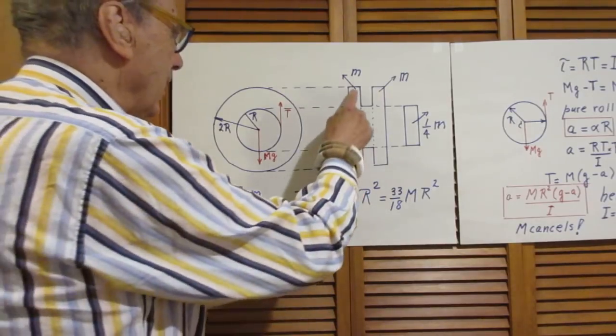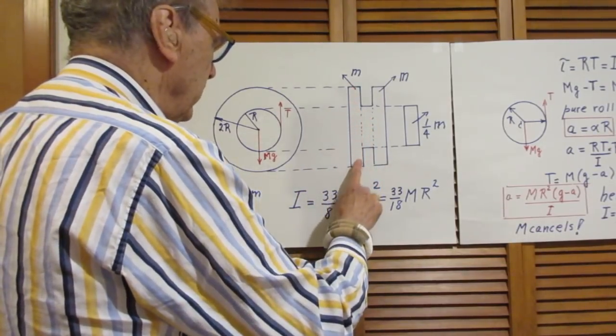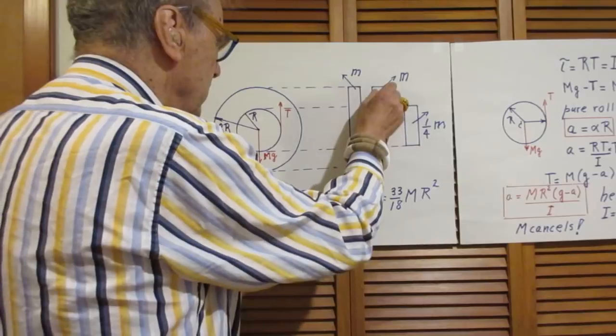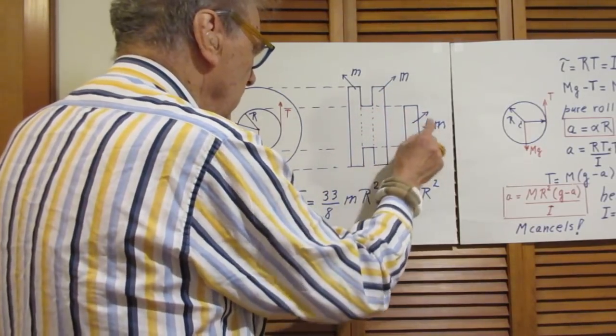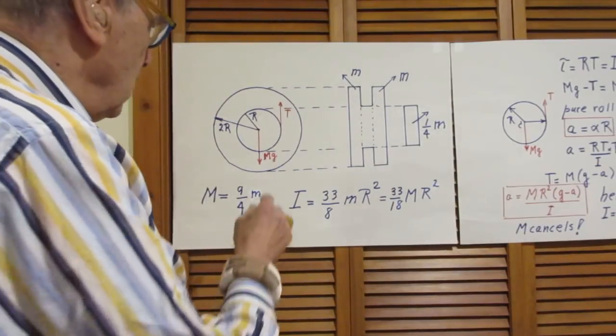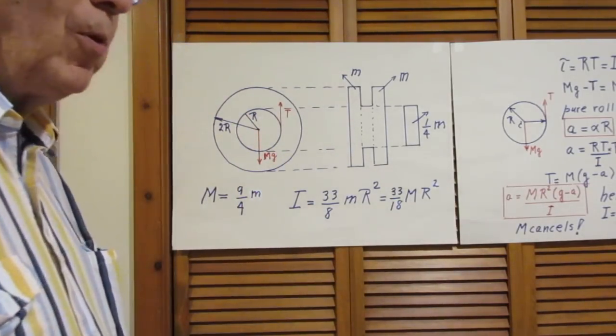So if I arbitrarily call the mass of this disc here little m, then this disc has the same mass, little m, then this inner disc here has a mass 1/4 m, because the radius is twice as small.